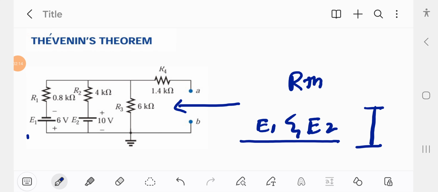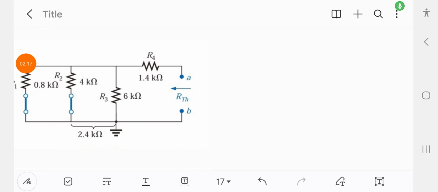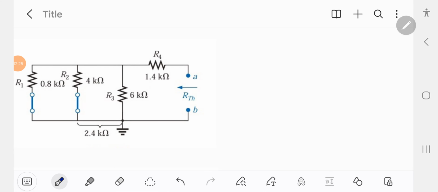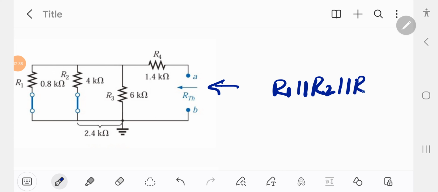Our circuit will look like this. Now when we look into the circuit from this side, R1 is actually parallel to R2 and parallel to R3. So these three resistors are actually in series with R4.